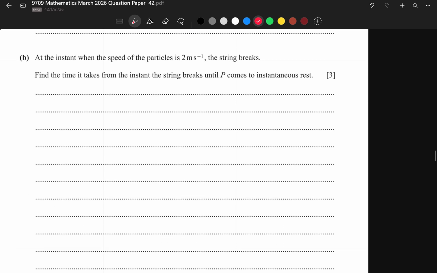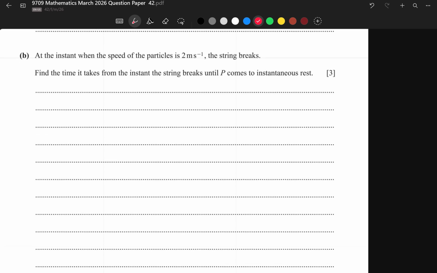The B part says at the instant when the speed of the particle is 2 meters per second, the string breaks. Find the time it takes from the instant the string breaks until P comes to instantaneous rest. So this is the plane for P. Now the upward force, the tension which was pulling P after the string breaks, becomes 0.